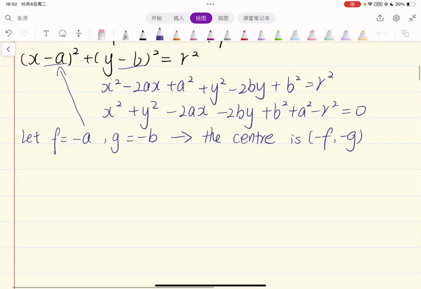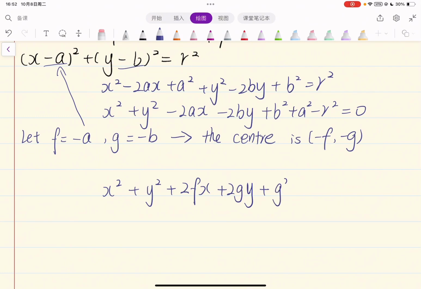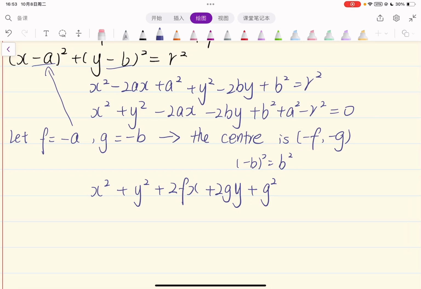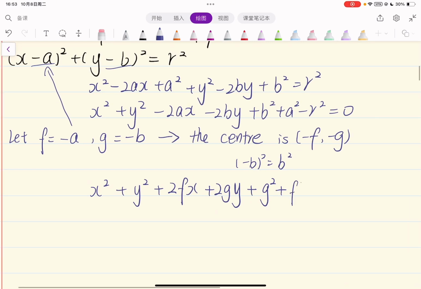So what we have is x squared plus y squared plus 2fx plus 2gy plus g squared, since minus b squared equals g squared, and plus f squared minus r squared equals 0.